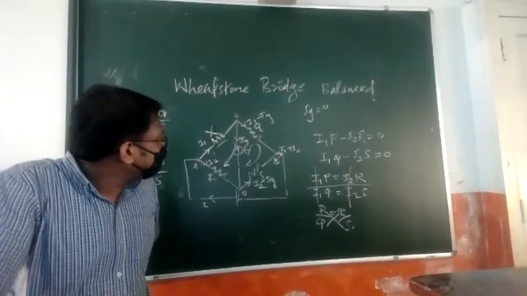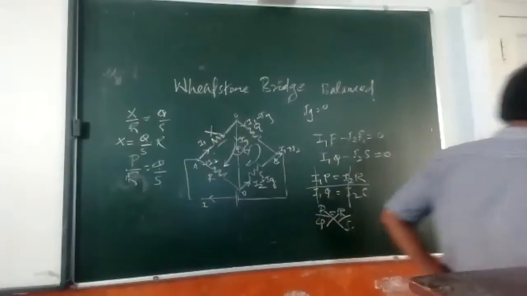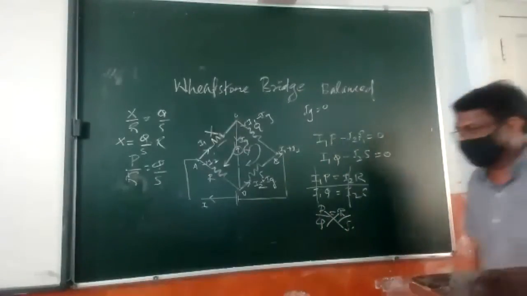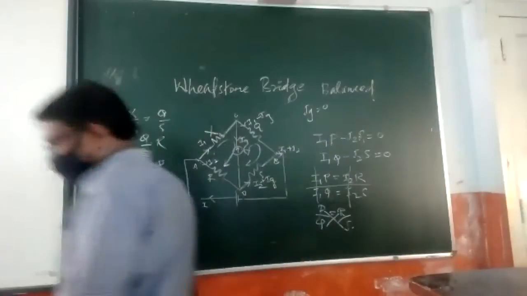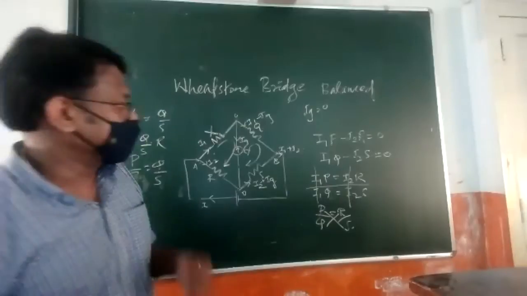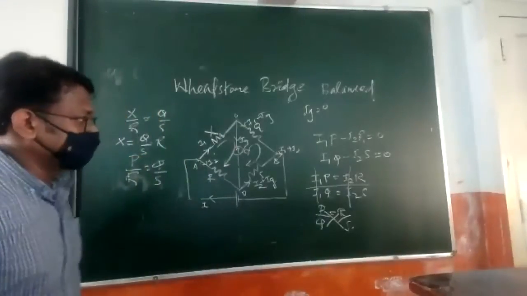And from CBDC: I1Q minus I2S equal to 0.